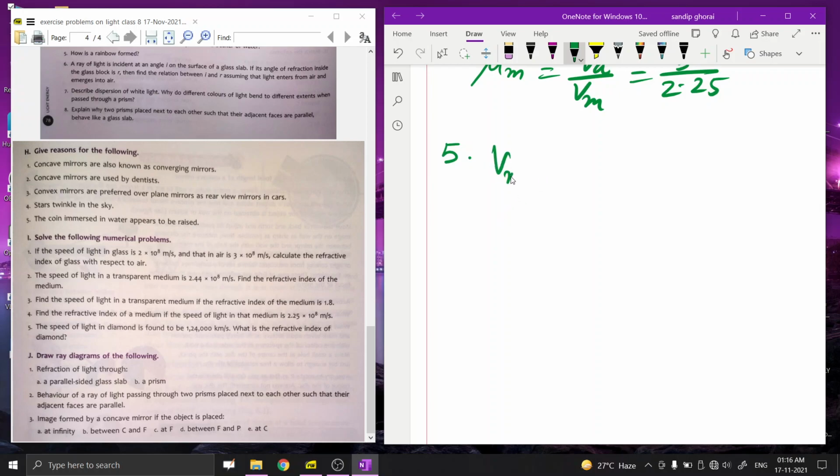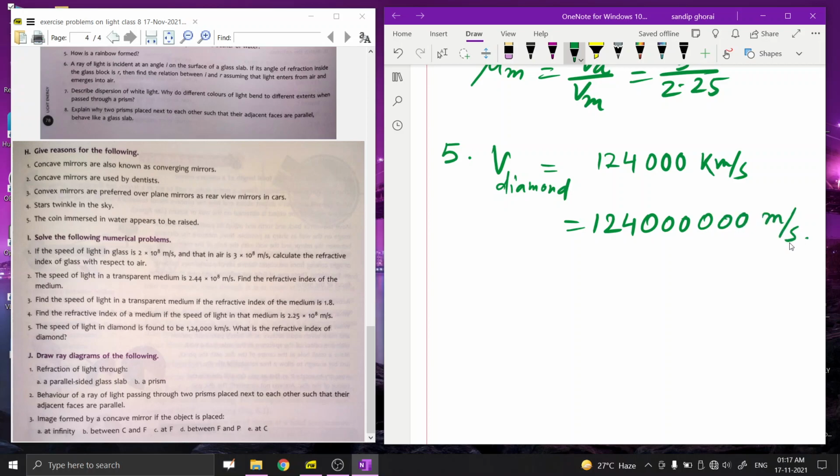Now we move to question number 5. Here also Vm means the speed of light in diamond, so I write V diamond is equal to 124,000 kilometer per second, that is 124,000,000 meter per second, and you have to find the refractive index.